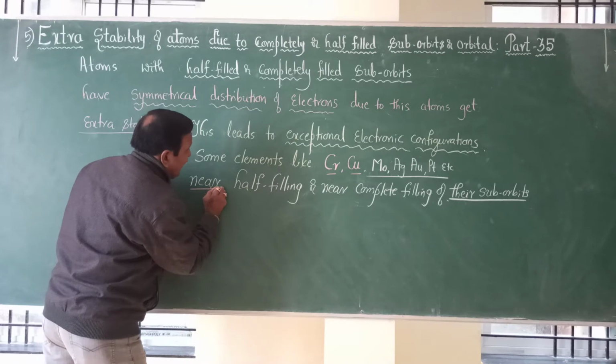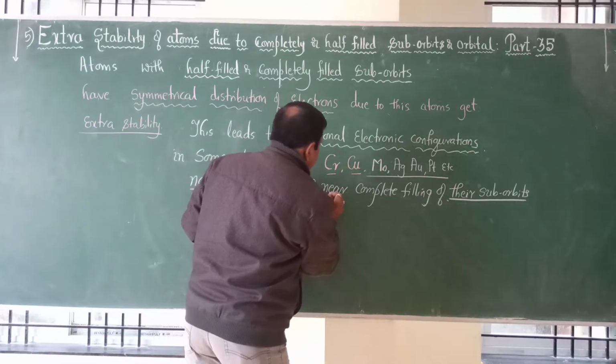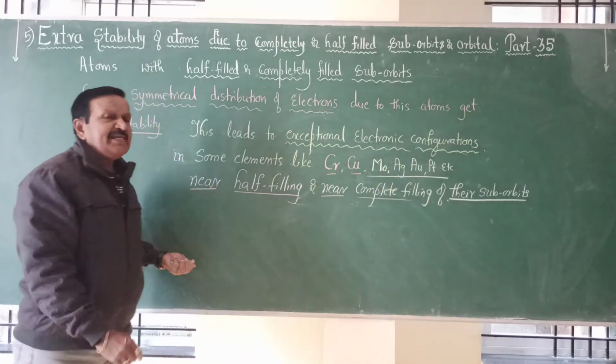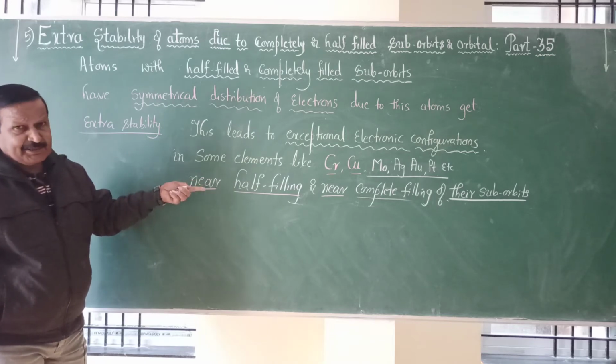One electron less. Near half filling, near complete filling. That means one electron less is called near.